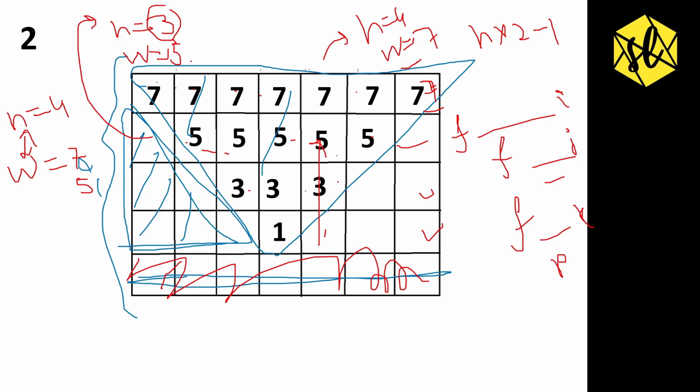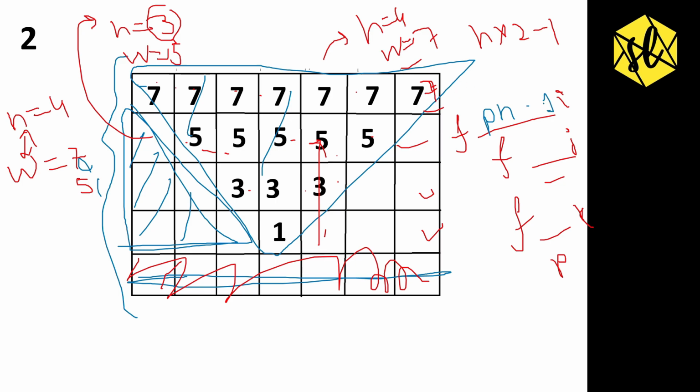Now let's just see what is happening. In our for loop here, you see the I loop will start from p height, that is here, and it will end at 1.